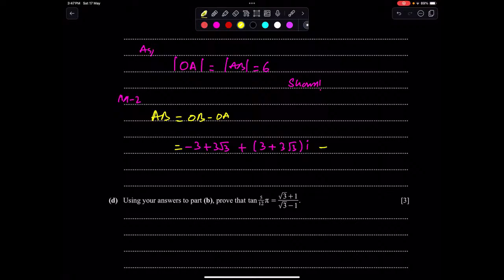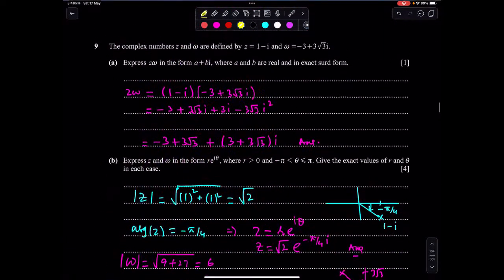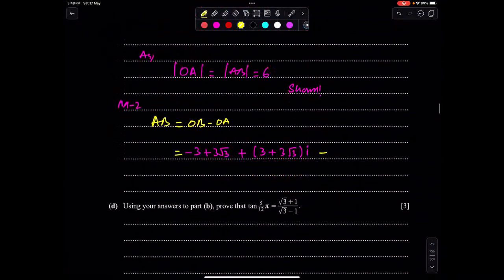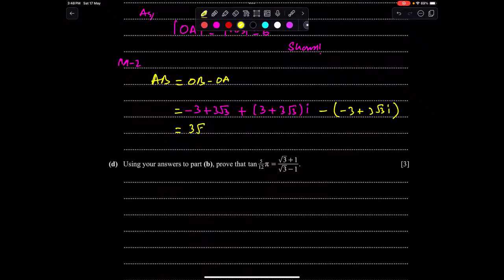And OA is minus 3 plus 3 root 3i. So this is another way. When you simplify this, you will get 3 root 3 plus 3i. So I've done both the methods.